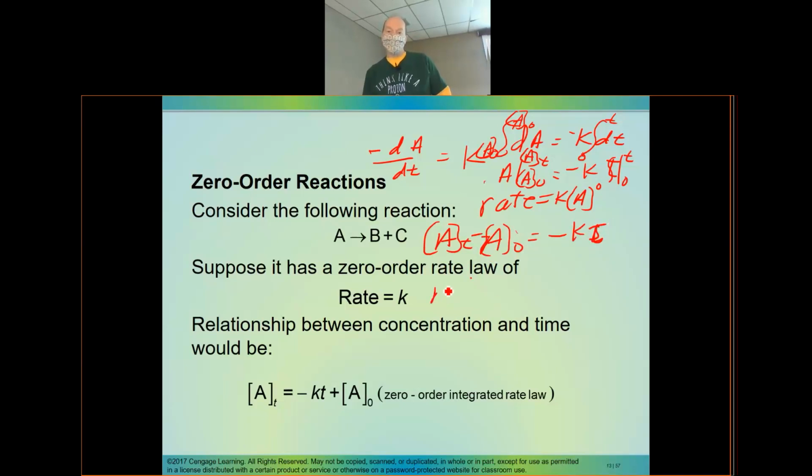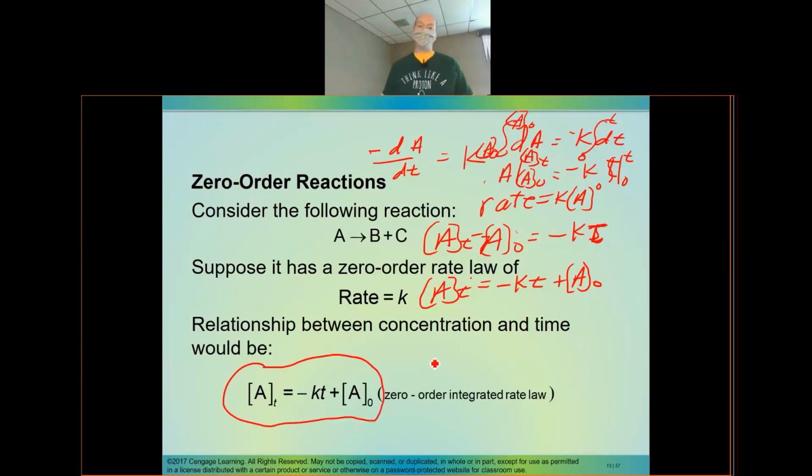And then when you solve for A at time t, you have negative kt plus your initial concentration of A, which is what they have right here. All right, so here is your integrated zero order rate law in the form y equals mx plus b.